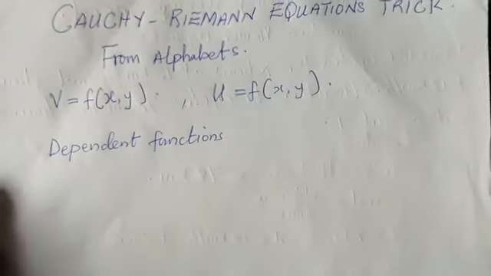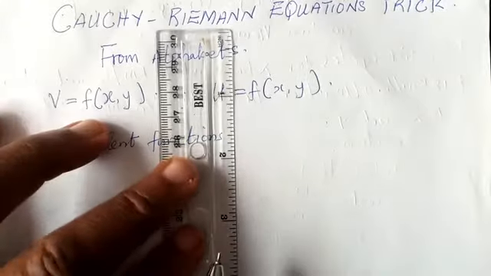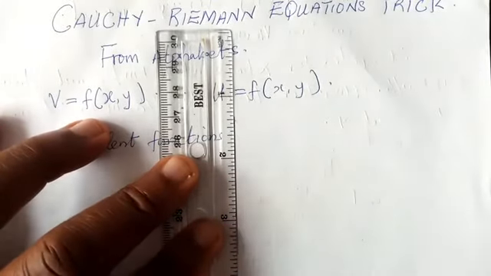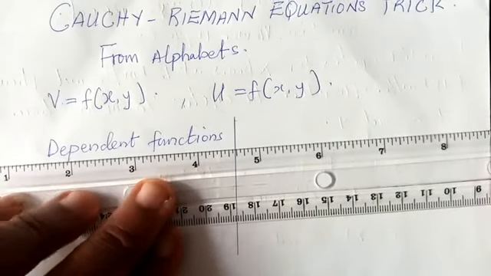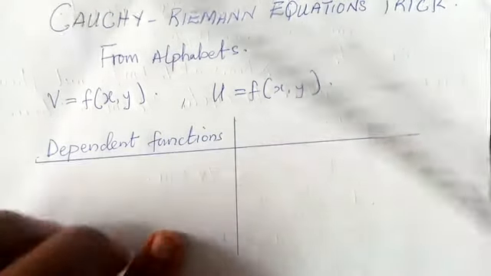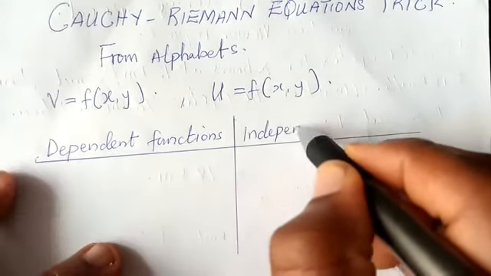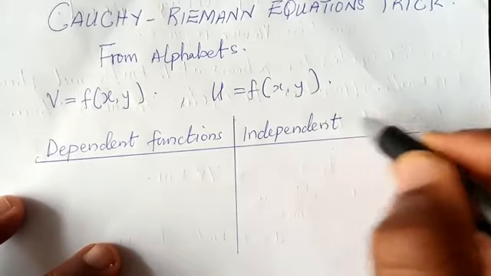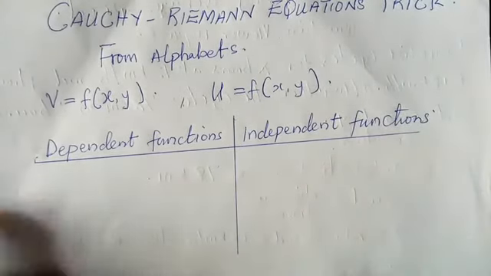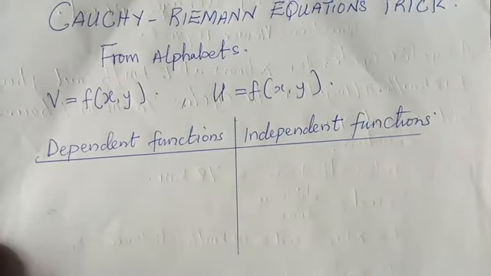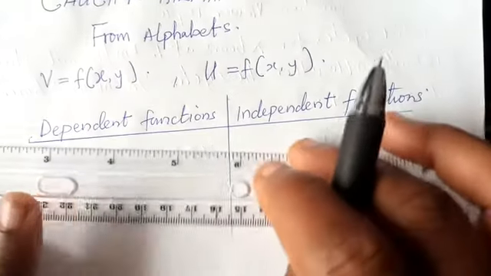And then these two give us the equation which is used in complex analysis, and which is used to show that a complex function is analytic. So how can you remember the formula or the equation for Cauchy-Riemann?